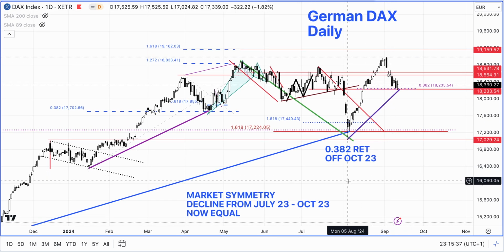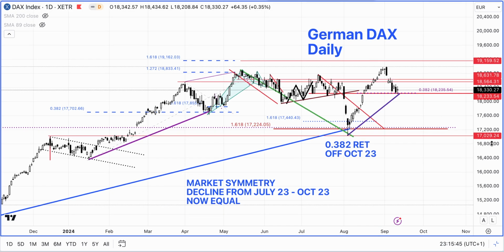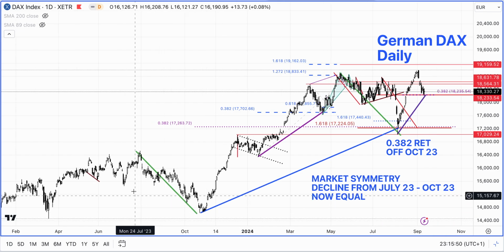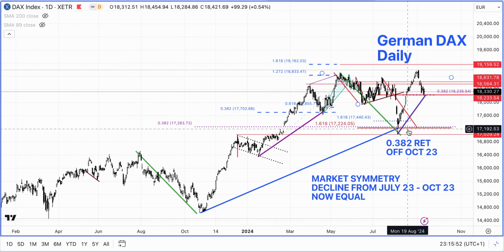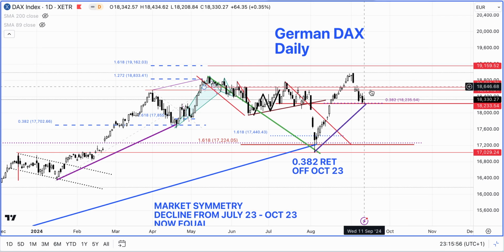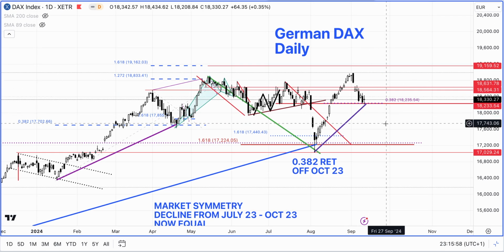And the 5th of August was a big support level. This is where we had the 38.2% retracement of the October 2023 lows come in. So really interesting what is happening, and we also had the market symmetry here as well. So yeah, I think the German market is also at a support level.